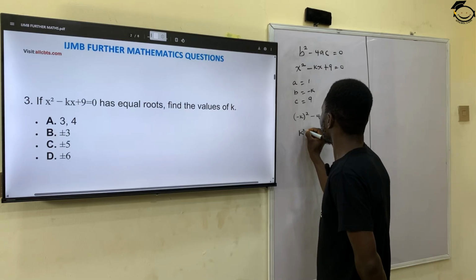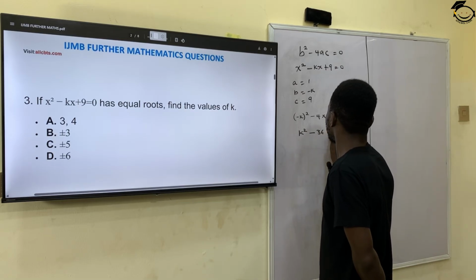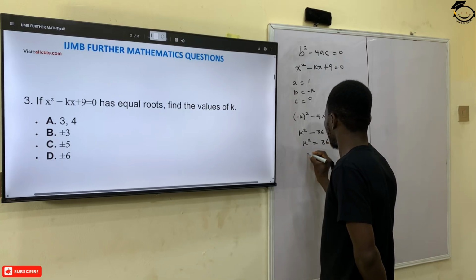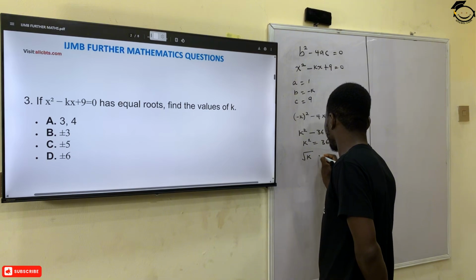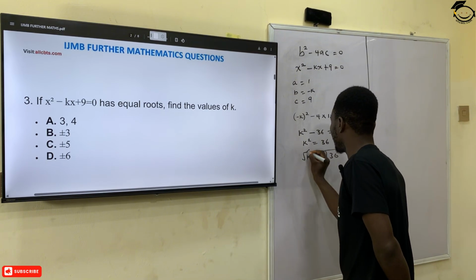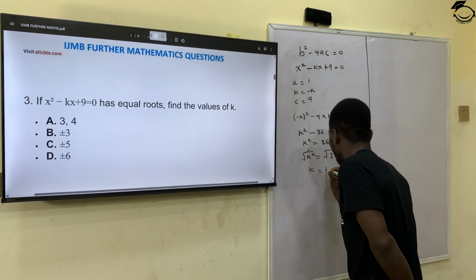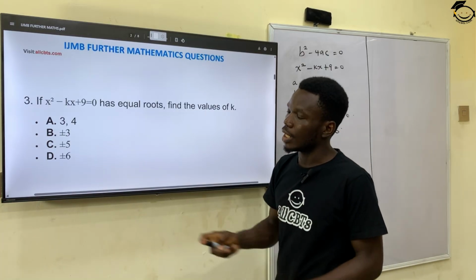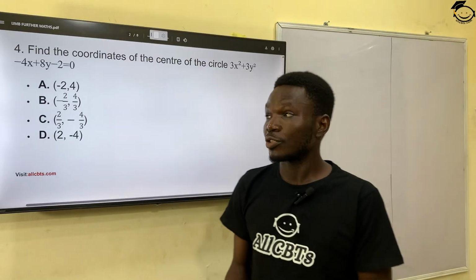This means that I have k squared minus 36 is equal to 0. This means that my k squared is equal to 36. If I take the square root of both sides, it simply means that my k is equal to plus or minus 6. So plus or minus 6 there is option D. So that takes us to question number 4.